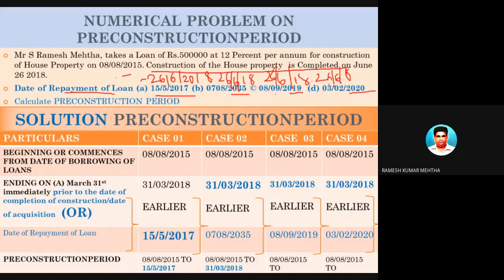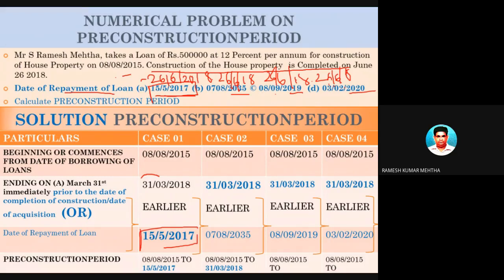So in the first case, the earliest is 15/5/2017. Now, before that, you have to find out in which year the house property was constructed. In this case, the house property was constructed on 26/6/2018.